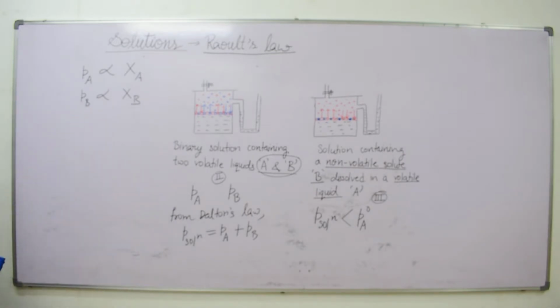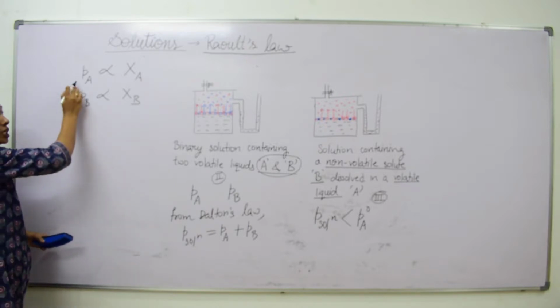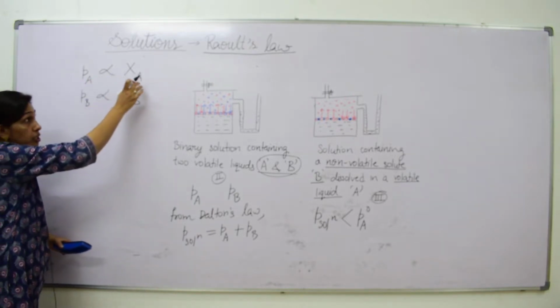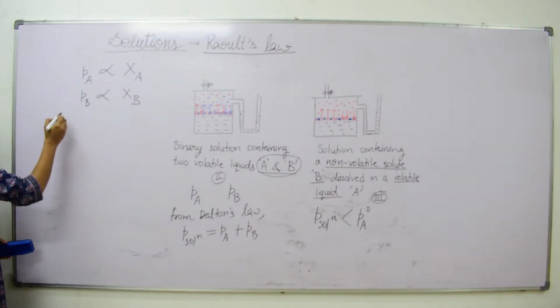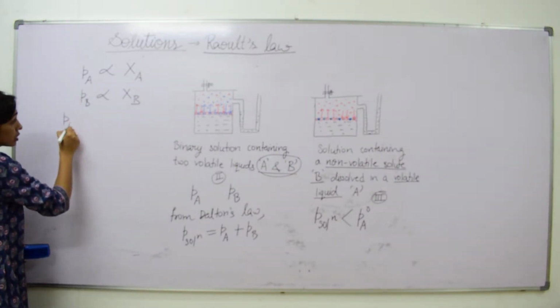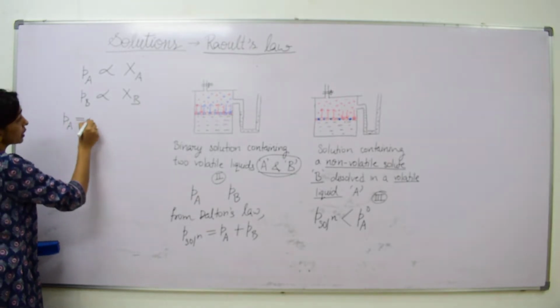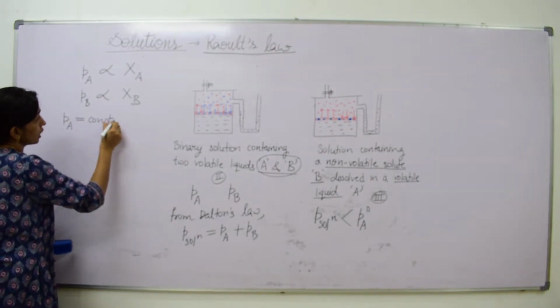So, for a solution of two or more volatile liquids, the vapor pressure of each component is directly proportional to its mole fraction. Now, if we take the equal sign, PA will be equal to a constant times XA.